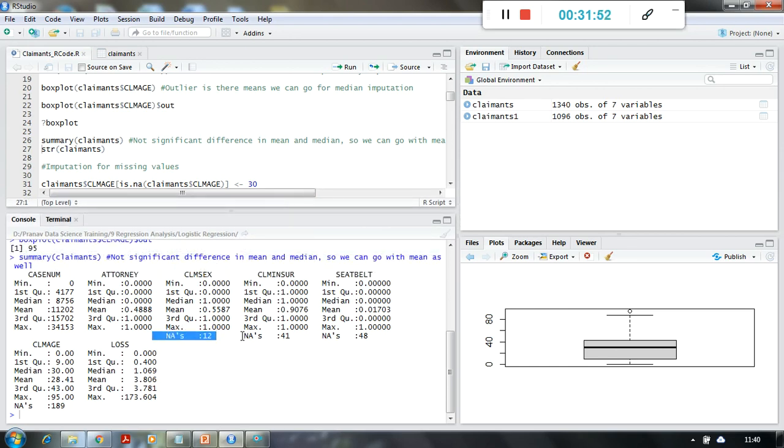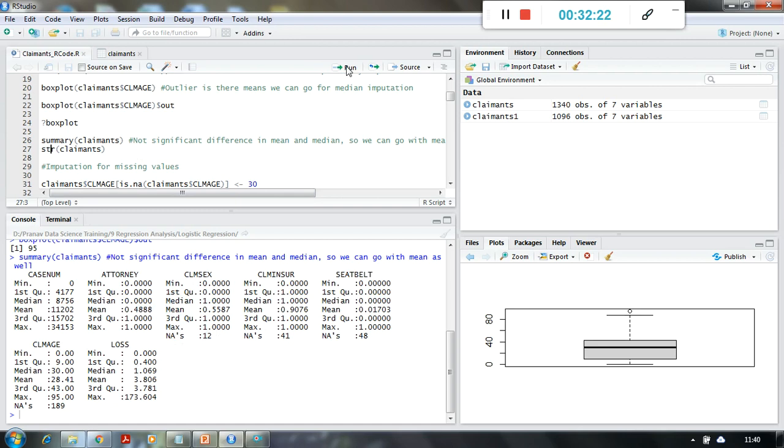Claimant X has 12 NA values, claimant insurance has 41, seatbelt 48, claimant age 189. This summary gives a lot of other information as well. For every column, what is the minimum value, the first quartile, the third quartile, median, mean, and the maximum value. All these details can be understood from this summary.